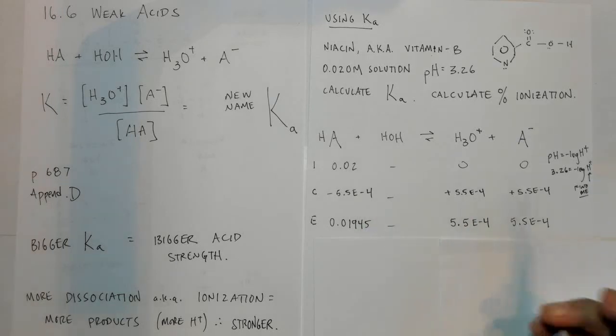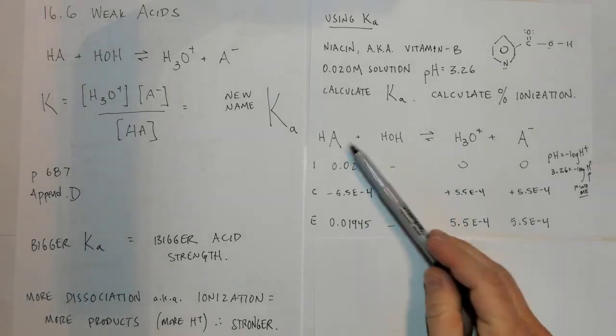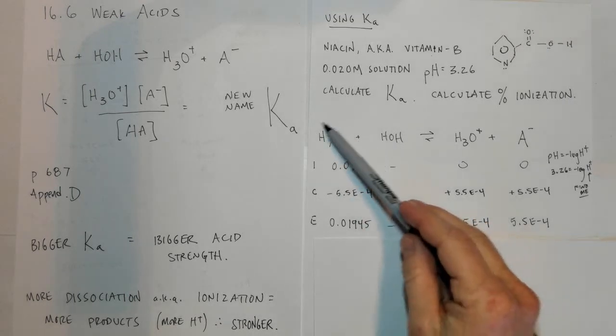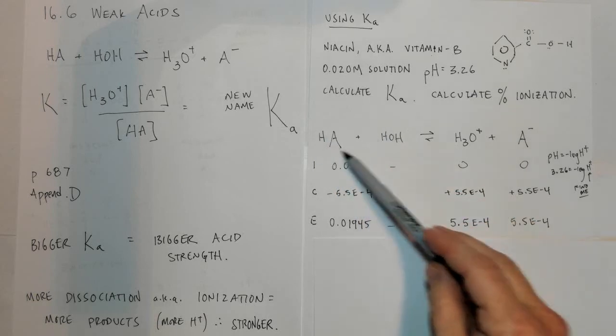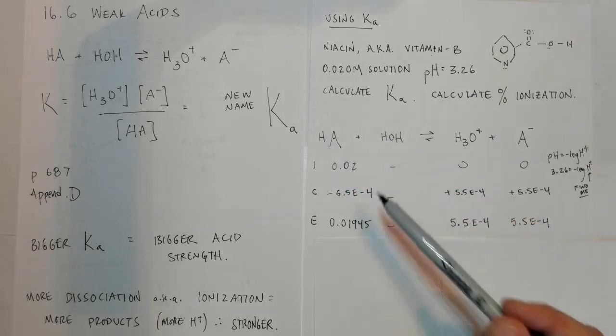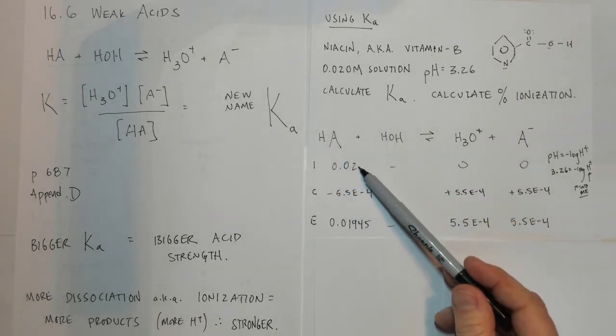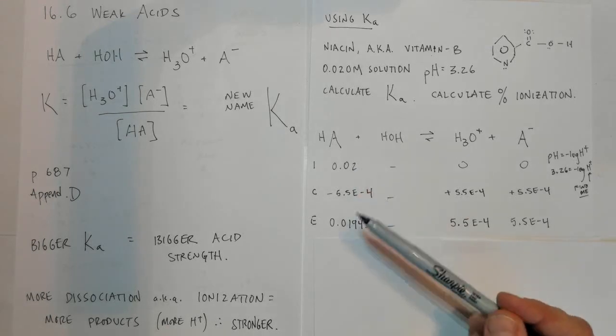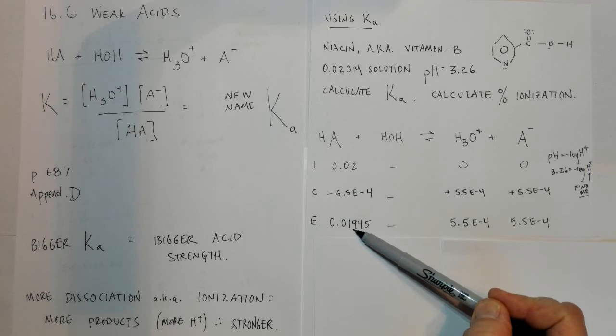0.0194. And I think this is a good time to pause and illustrate that this is a weak acid. Weak acids primarily exist over here on this side of the reaction. Same thing with weak bases. Look at how much the concentration changed from before to after it gave up its hydrogen.